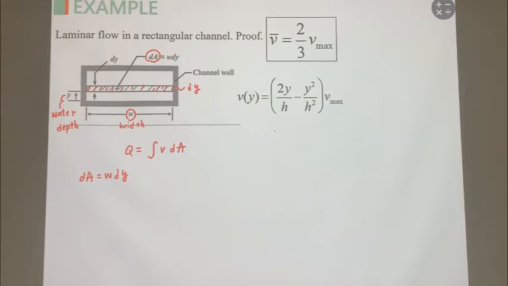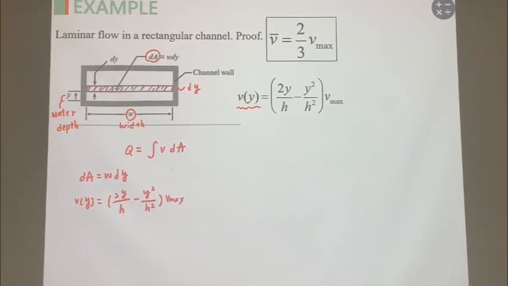And what is the velocity field? The problem already provides you the velocity field. So I write it down here, and you see the flow velocity is a function of the water depth. It is 2 times y divided by h, minus y squared divided by h squared, multiplied by the V maxima.